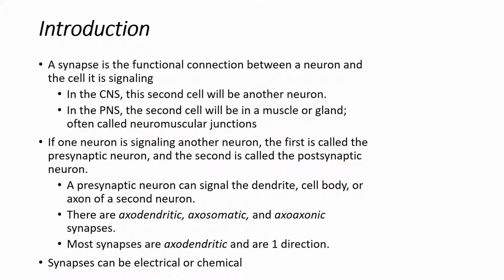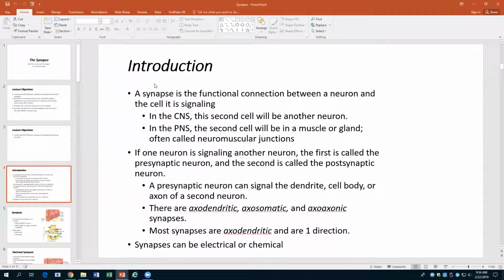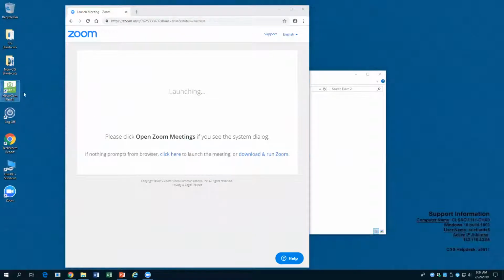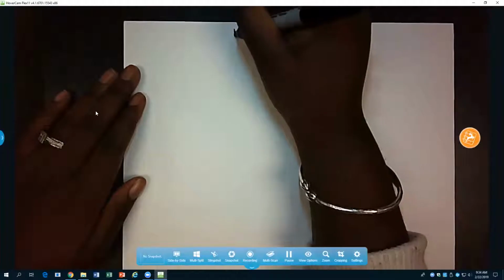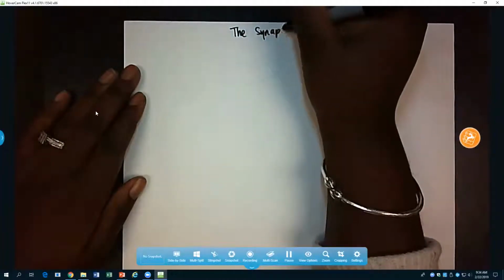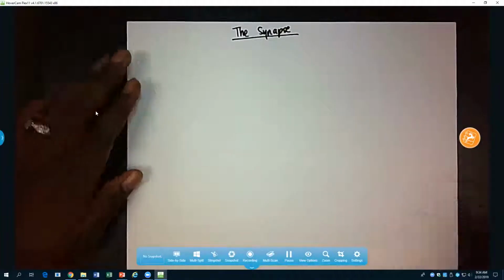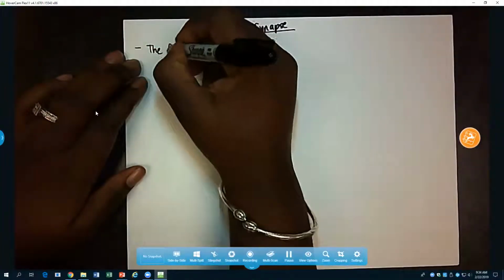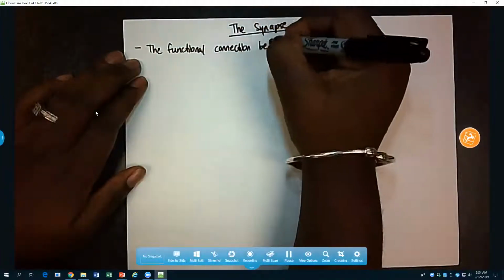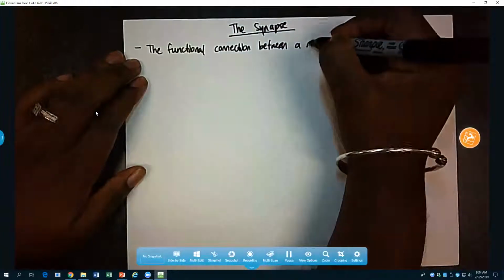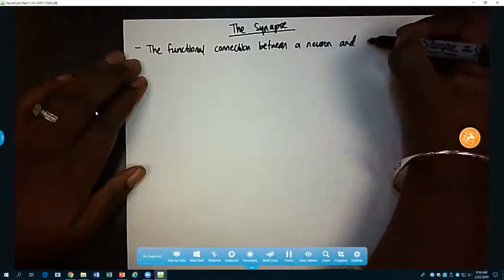All right, so let's review the structure of a synapse. Let's review the anatomy of a neuron. Okay, so to define a synapse, we said that this is the functional connection, and this is going to be between a neuron and another cell that it is going to signal.